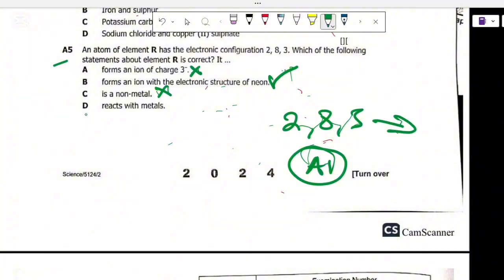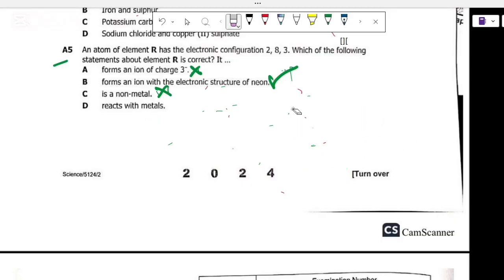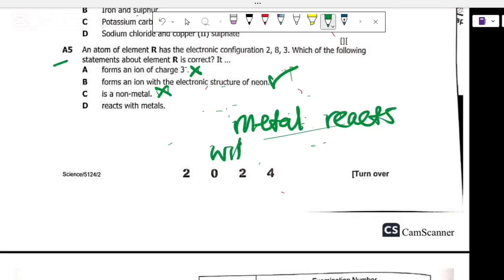And answer choice D says that this element R reacts with metals. That is also impossible because it is a metal. A metal cannot react with a metal. A metal reacts with non-metals.